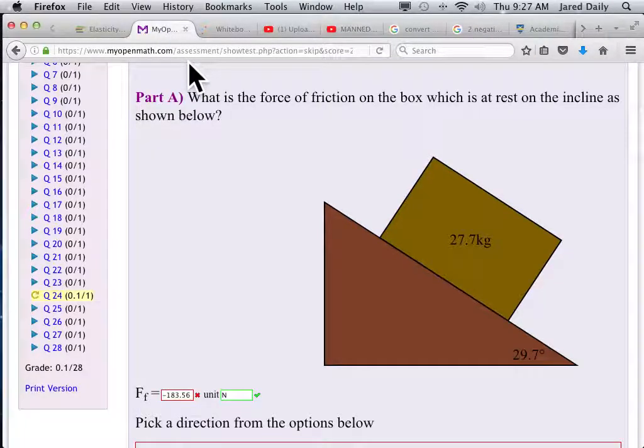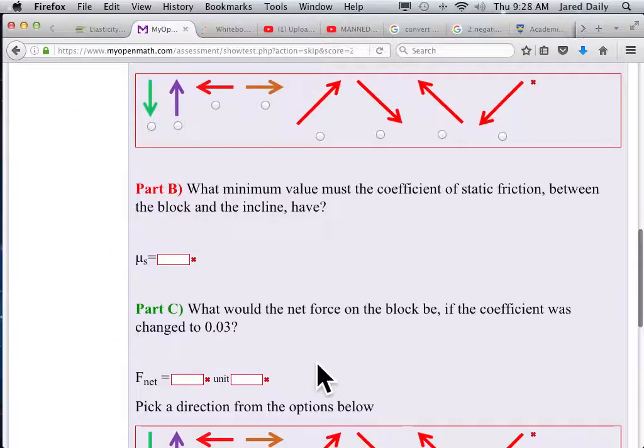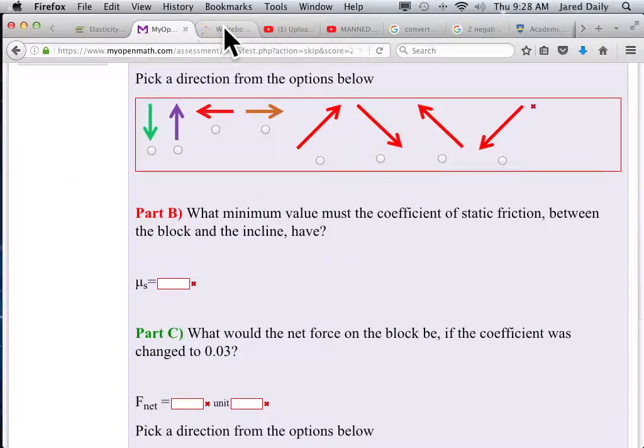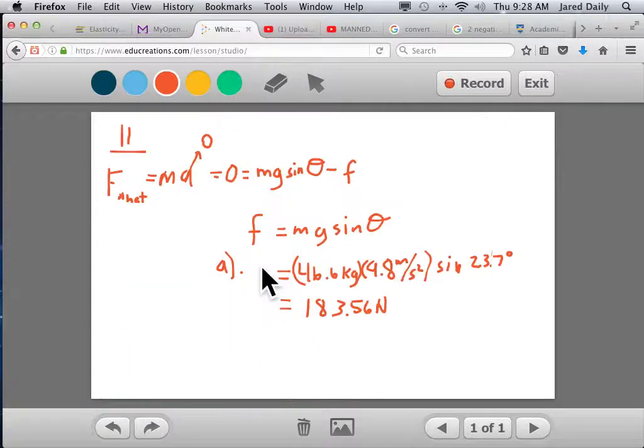Well, okay. Oh, wait a second. I have a different mass now. That's why. It just gave me a new mass and a new angle. So I have to put in a new mass and a new angle. Sorry about that. So I have to change the numbers here.